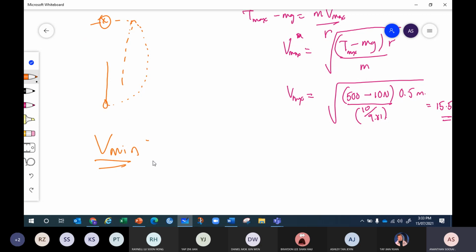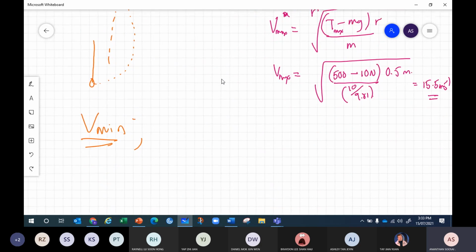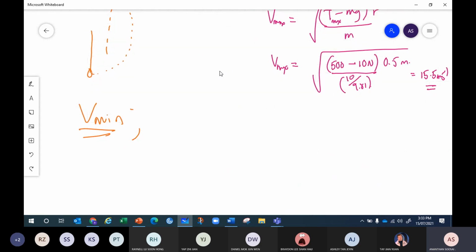Okay, now let's investigate what is the V minimum required for this system. As usual, we follow the same idea as above. For V max, we consider the bottom. For V minimum, which point do we consider? Anybody? Jantat?